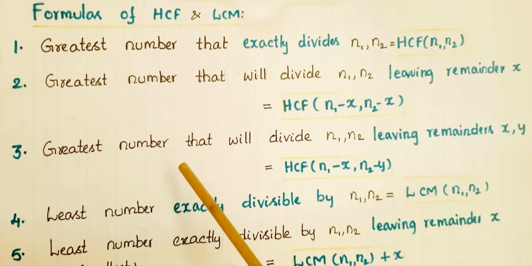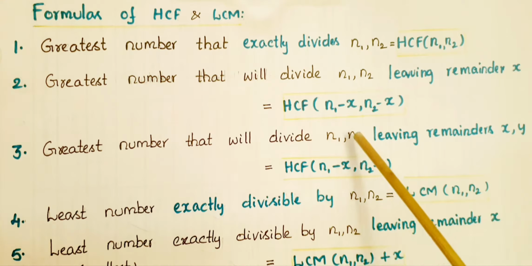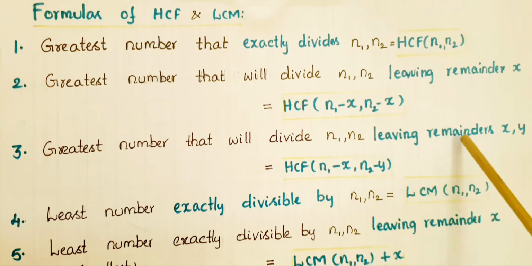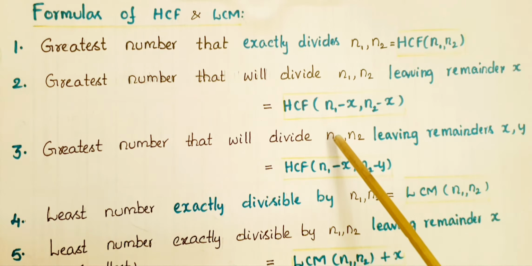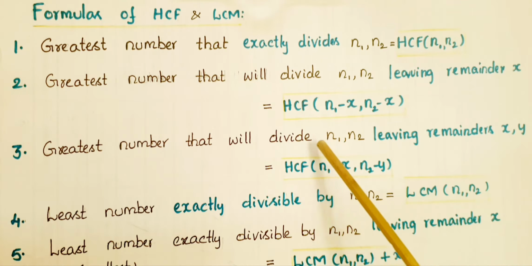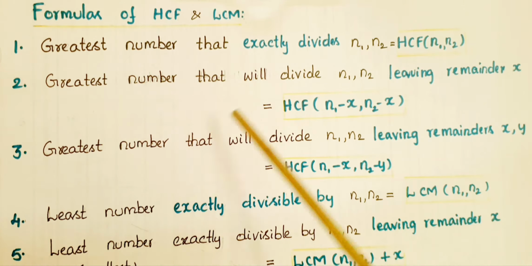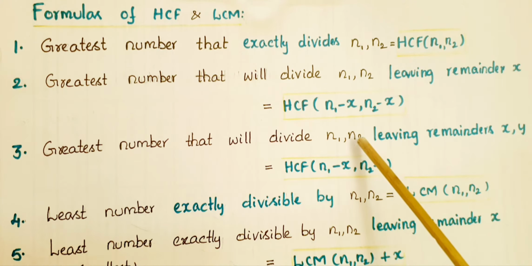Third one is: the greatest number that will divide n1, n2, leaving remainders x, y. So here there are two remainders. If you divide n1 by the greatest number, the remainder is x, and if you divide n2 by the greatest number, then the remainder is y.